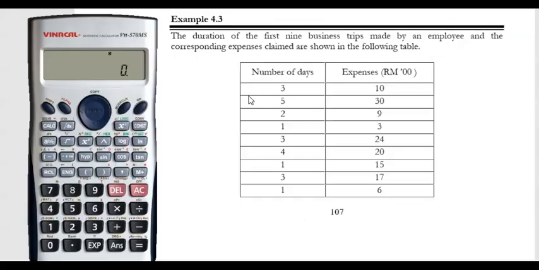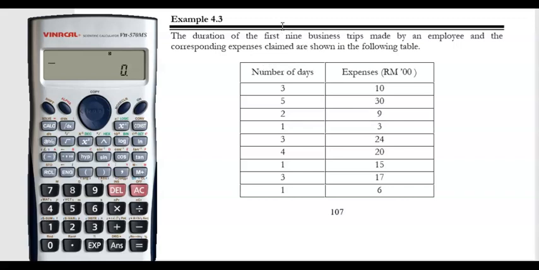Let's say in this example, we have two variables here, which is number of days and expenses. In this study, the corresponding expenses become our dependent, and the number of days become our x.